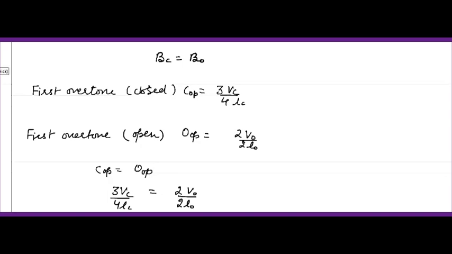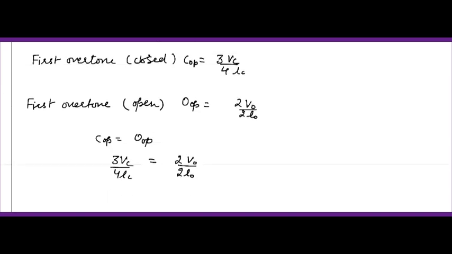Now we will put the values of Vc and V naught. So this will be equal to 3 by 4 Lc times under root B naught by ρ1 will be equal to 2 L naught times under root B by ρ2. B naught and Bc will get cancelled out as they both are equal.